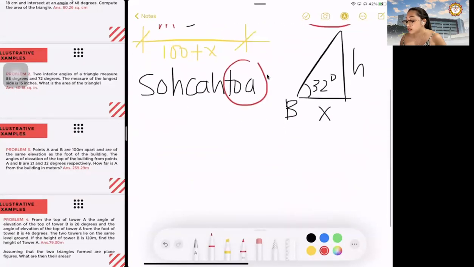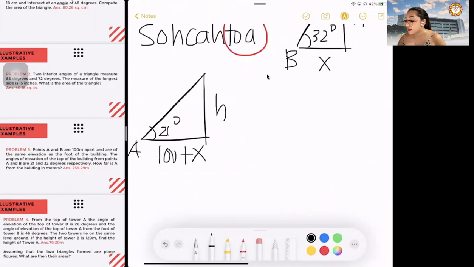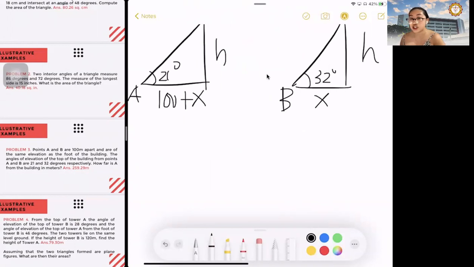So I will redraw the triangles made. This is from the viewpoint of A, which is 100 plus X, and the other triangle from the viewpoint of B, which is just X. Then this is 32 degrees. So we get the tangent of each. Let's have A as blue.